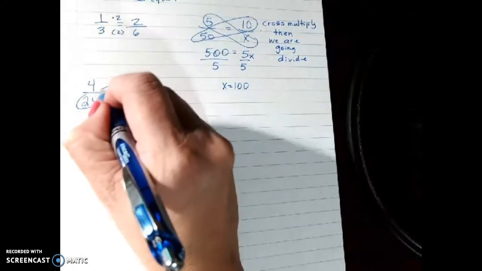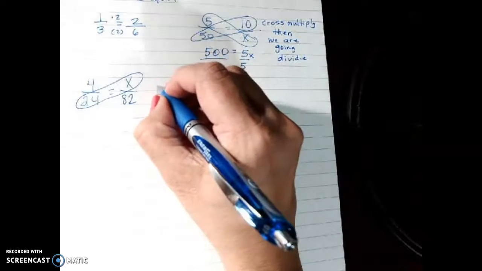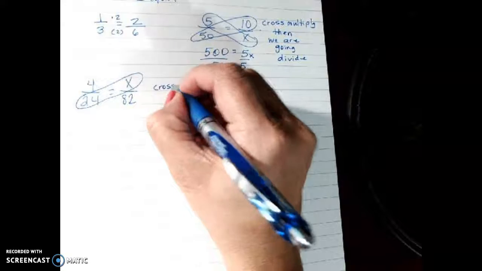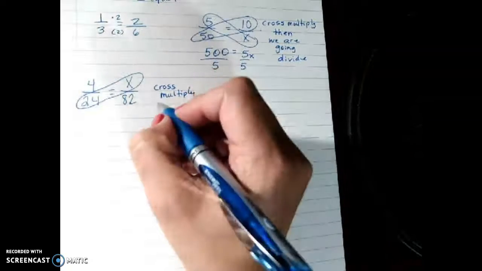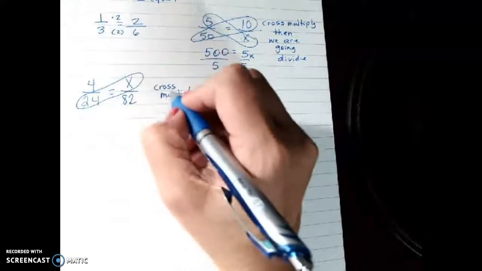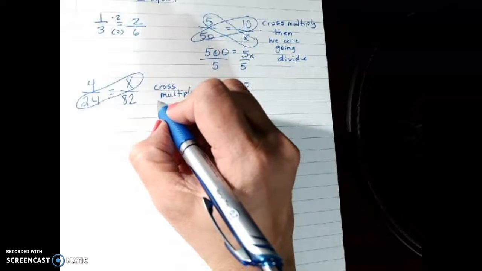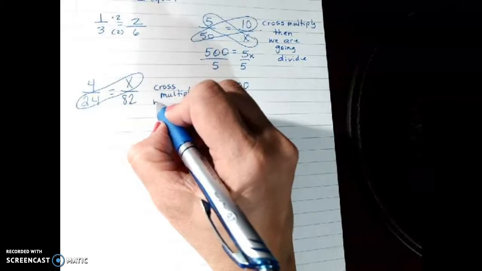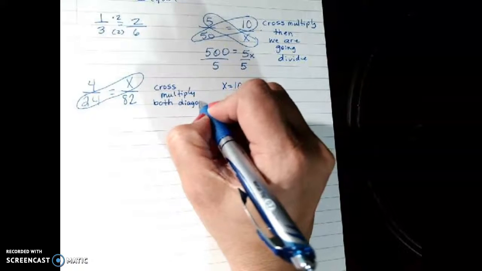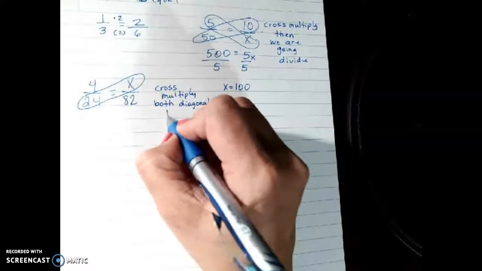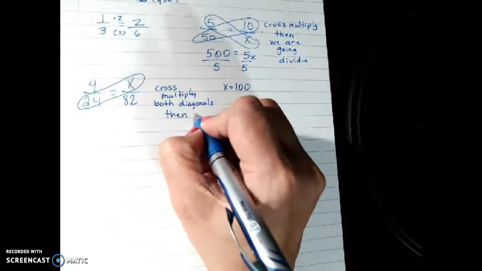So 24 times x. So cross multiply both diagonals. Then divide.